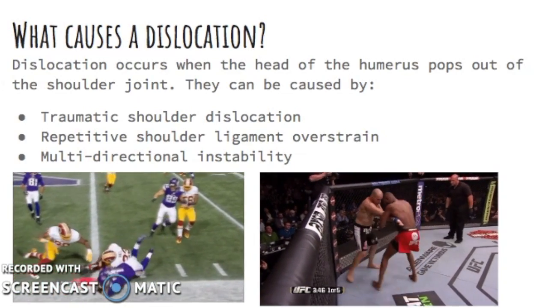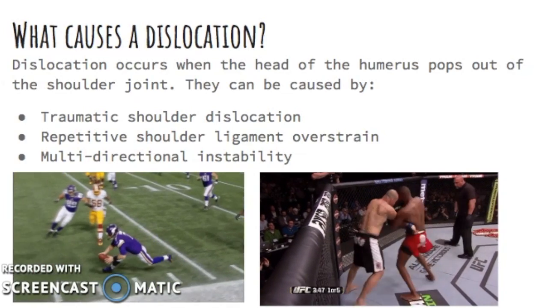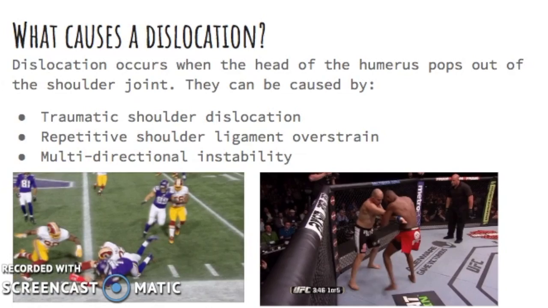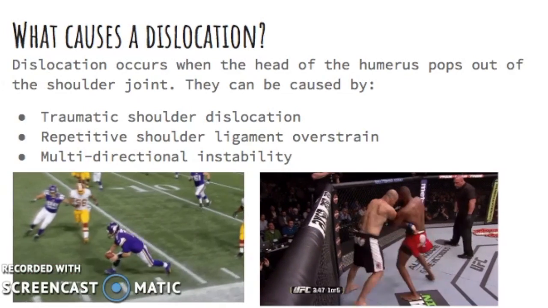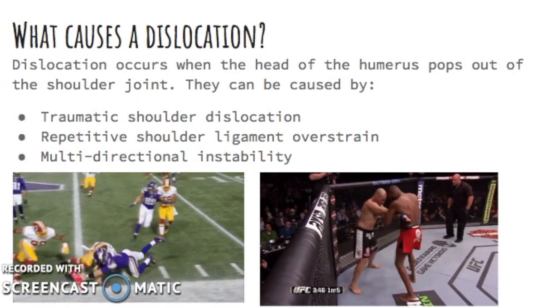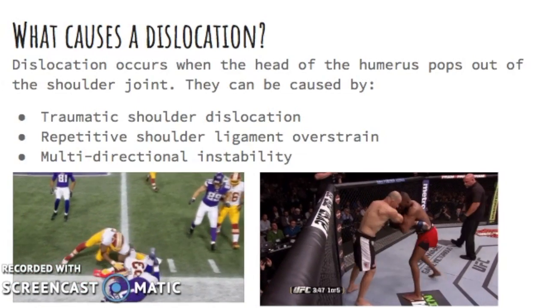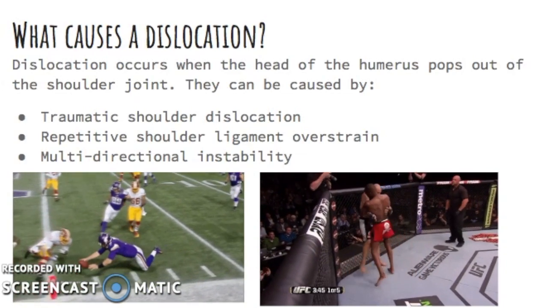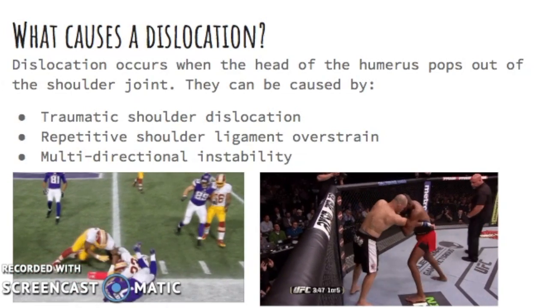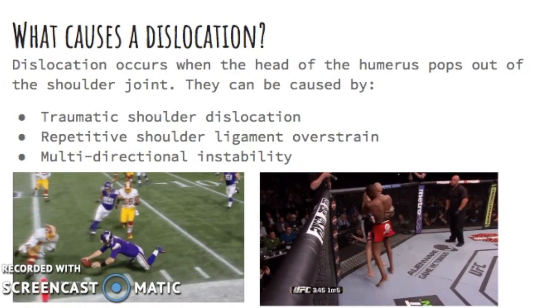The looser ligaments makes it easier for shoulders to dislocate due to the shoulder becoming more unstable, and this happens because of the repetitive use of the arm, most likely because of sports such as swimming, tennis, cricket, or baseball, any sports that involves the movement of the arm.